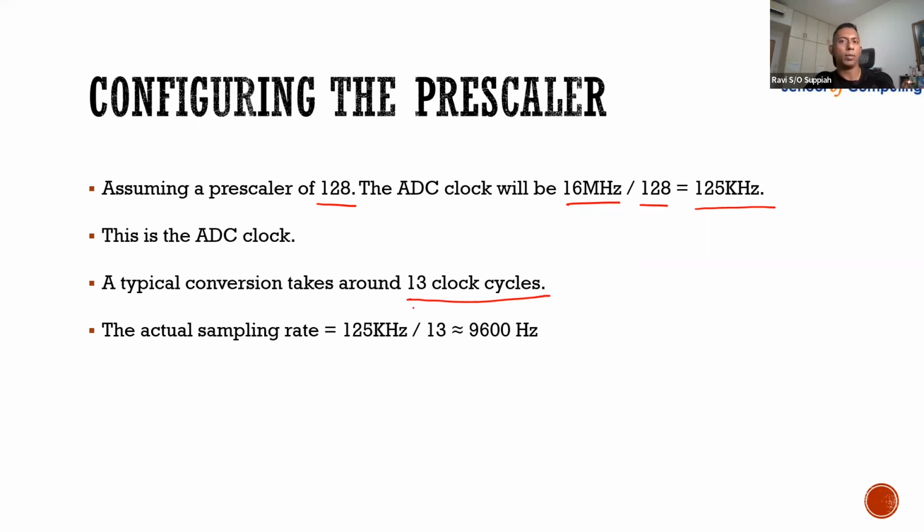So the actual sampling rate will be 125 kilohertz divided by 13, which is approximately 9,600 hertz. That is the estimated sampling rate based on the frequency of 16 megahertz and the prescale value of 128.